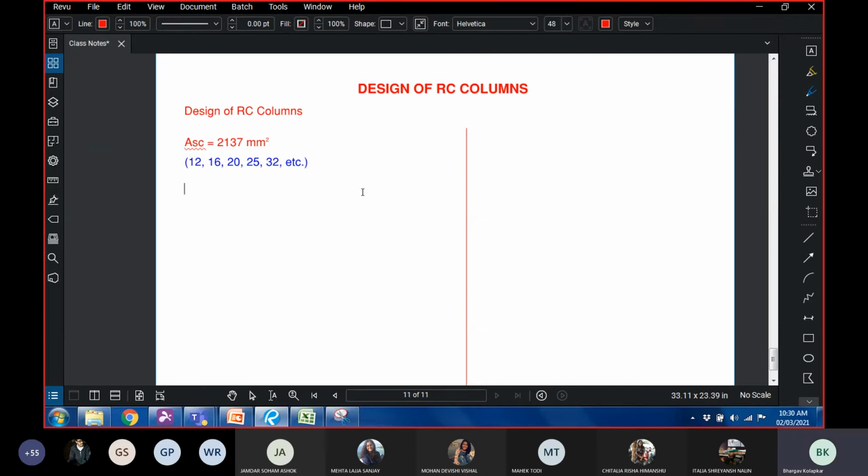So we can assume any of these sizes, we can assume any of the diameters, and then we can calculate how many bars are required. So looking at these numbers, I think using 20 could be an option.